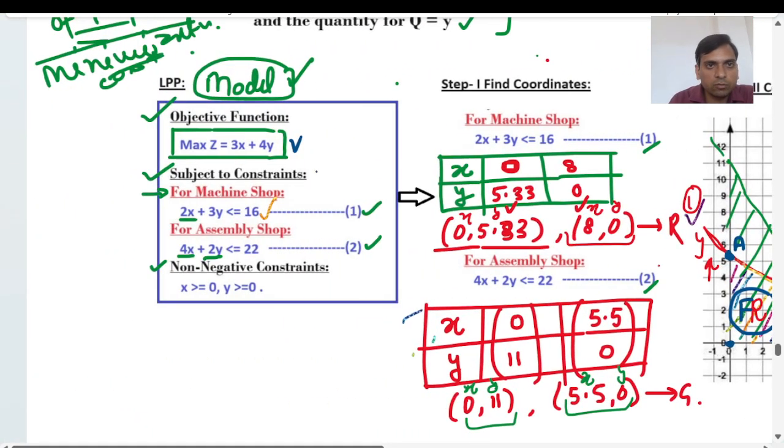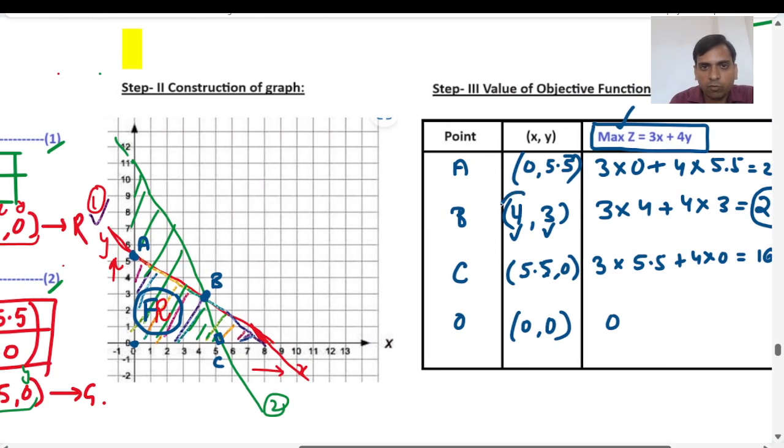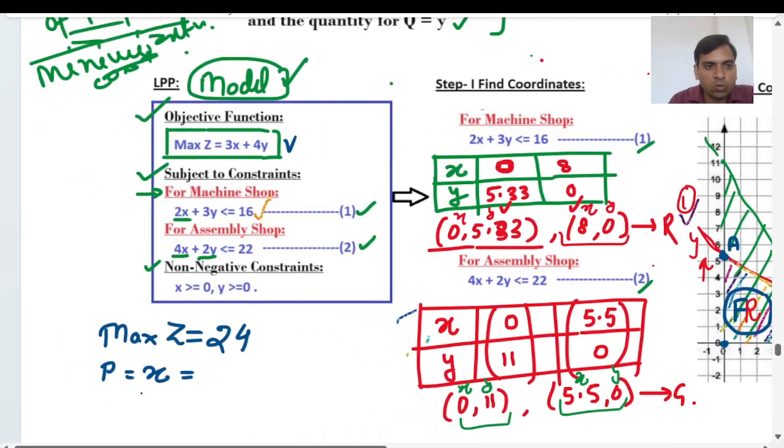So for this case, the value of maximum profit, maximum z, equals 24, if we produce product X quantity, and X quantity is, I think, 4. Yes, so these are 4 and 3. So we will take 4, and Y quantity is 3. So this is the solution of this problem.